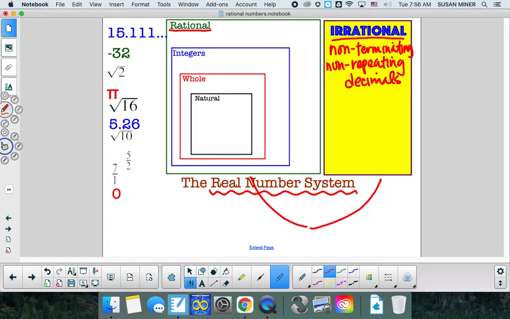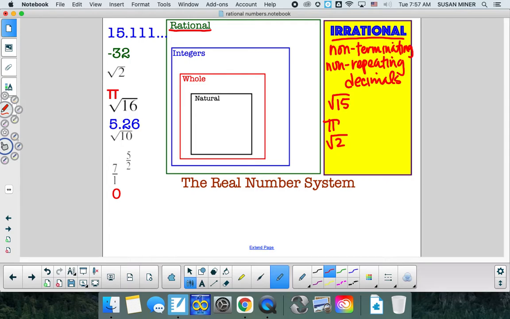Any number that has a non-terminating, non-repeating decimal is an irrational number. And we just saw some examples of that. The square root of 15 is an example. The number pi is an example. Another example would be the square root of 2. And we'll do some examples in just a minute. Over here I have some numbers, and we'll try to classify those in a minute.